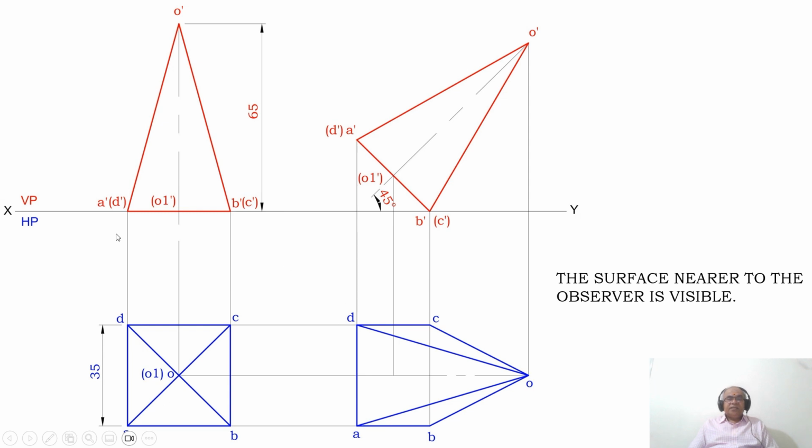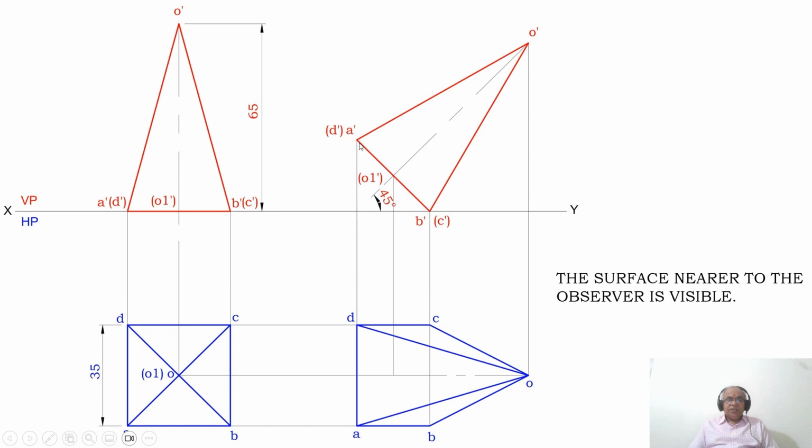Then the next rule says the surface nearer to the observer is visible. Who is the observer? Now what I am doing is writing the top view by looking from the front view. So that means I am looking from here. This is the top view, and the arrowhead will be like this. So once you start looking from the top view, O dash A dash and O dash D dash are nearer to the observer.